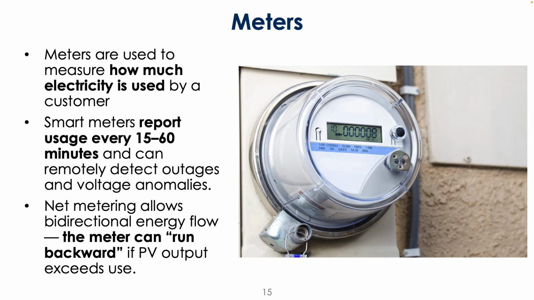In the olden days, and by olden days I mean 15, 20 years ago, when these were first being rolled out, most people had what you would call dumb meters. These meters would still read the amount of electricity being used, but you literally had to have people go out and read the meters to estimate how much electricity you were using.